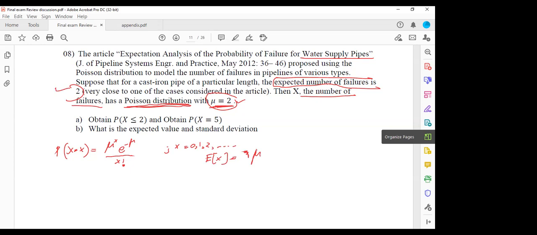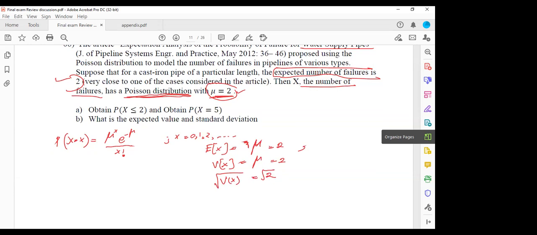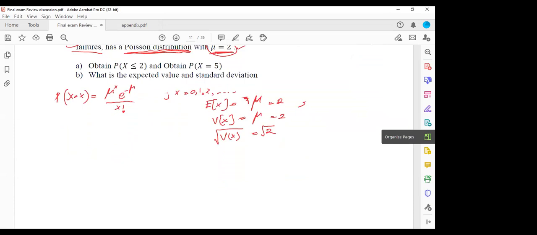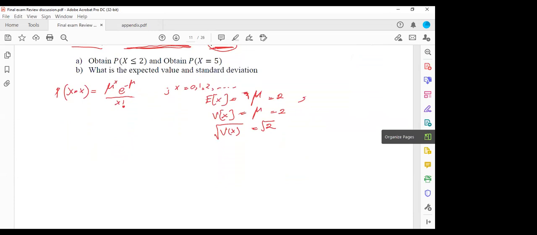So expected value is mu, which equals 2. The variance for this distribution is also mu, which means 2. So the standard deviation, the square root of variance, is square root of 2. It is easy for this distribution. Everything is mu.